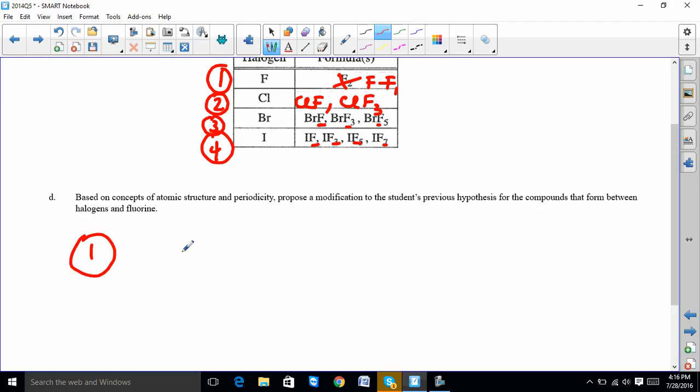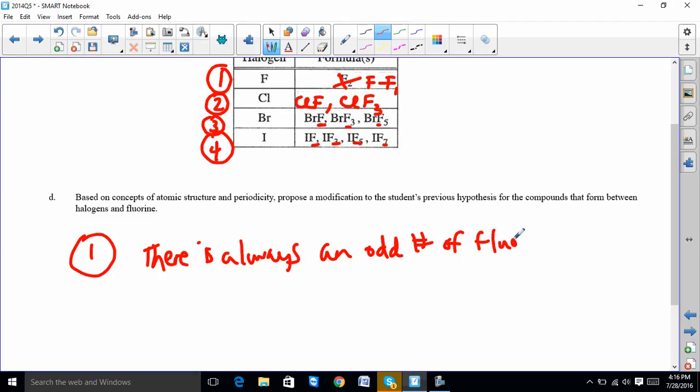1, there is always an odd number of fluorine atoms. That's the first thing they want you to notice.